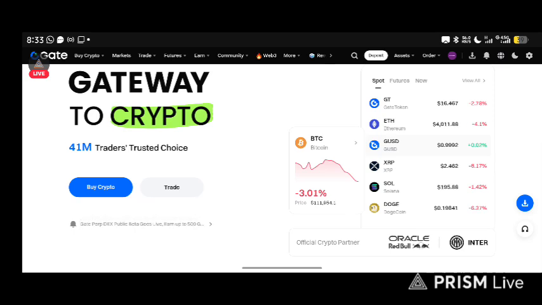So today we'll be talking about crypto price action. We'll be looking into market structure, how to read market structure.